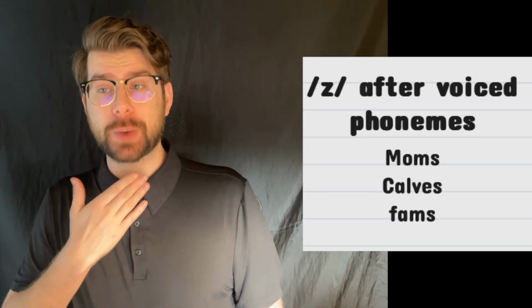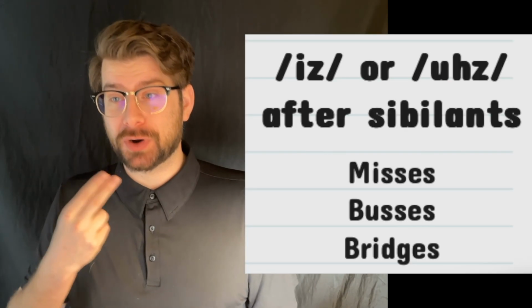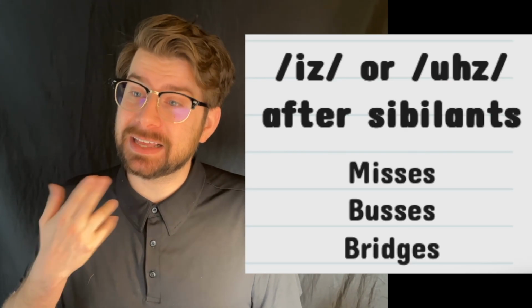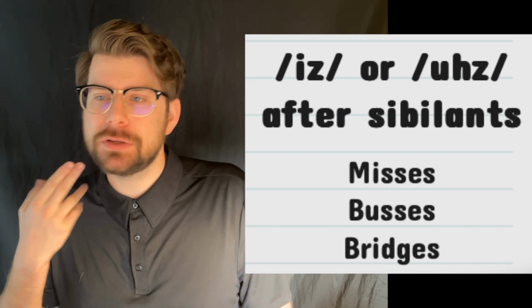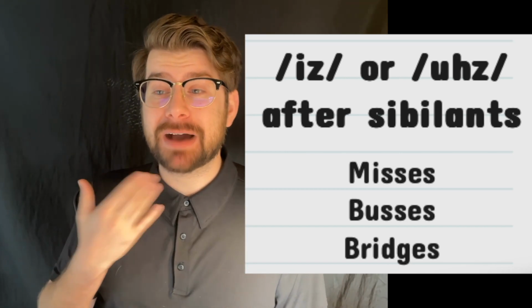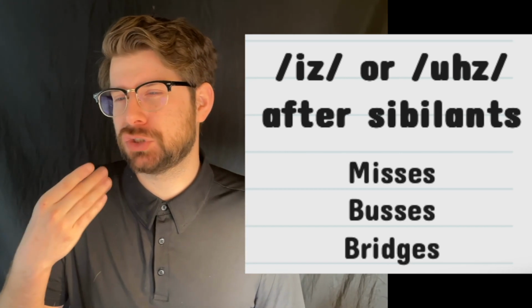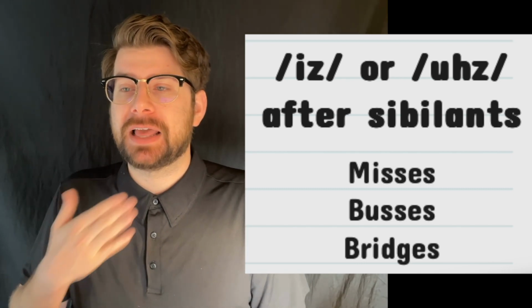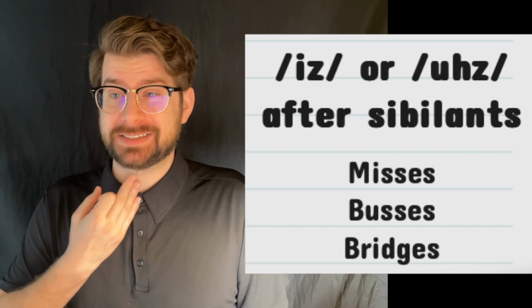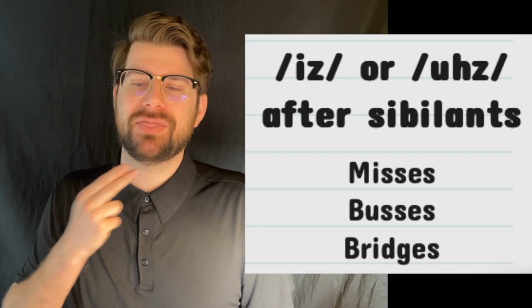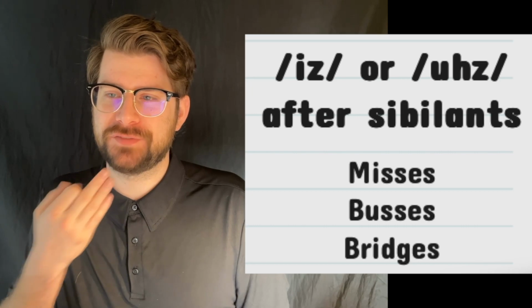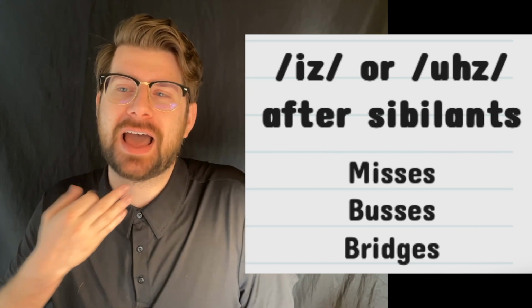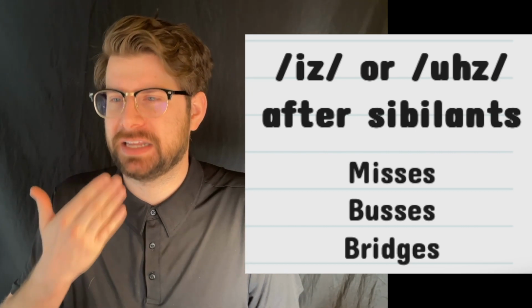So now the third way we say words that end in S in English is es or uz. In my dialect of English, we don't really say uz. And we do this after sibilants. And that's just a fancy way of saying sounds that have a hissing quality.